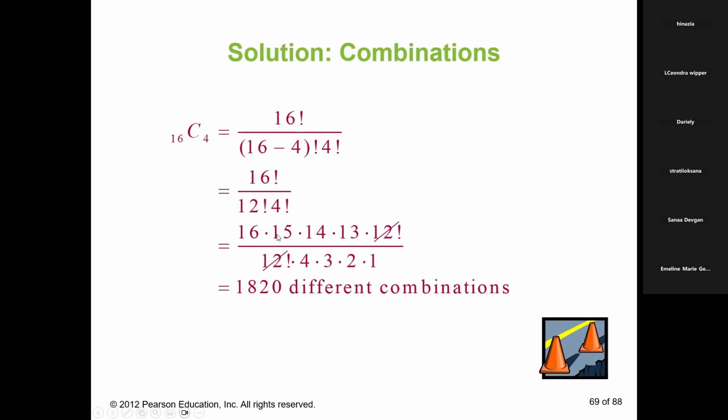Now you go all the way down to 12, because 12 is greater than 4, and then you simplify the 12 factorial. The 4 factorial is 4 times 3 times 2 times 1. When you multiply these numbers, you're gonna get 1,820 different combinations.